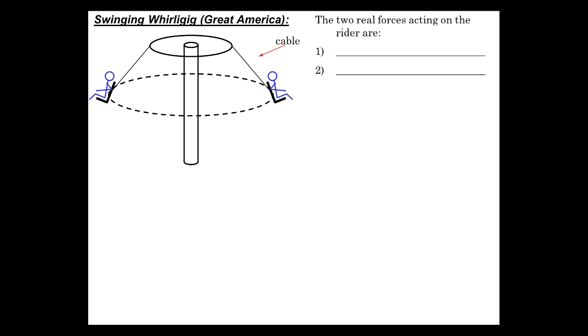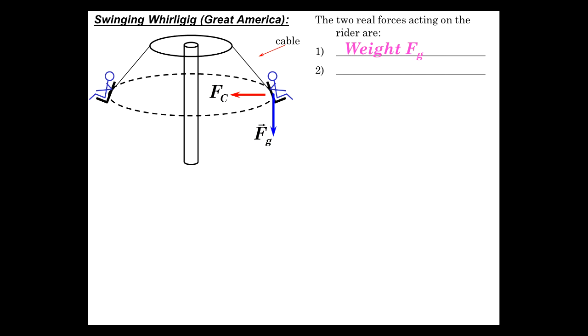Two real forces acting on the rider. Well, we're going to look at that. You can visualize what those are, hopefully, resulting in Fc acting inward, because that, in fact, is what the person is really doing. They're in a horizontal circle. So we have the weight acting straight down. And so we're thinking free body force diagram here, okay?